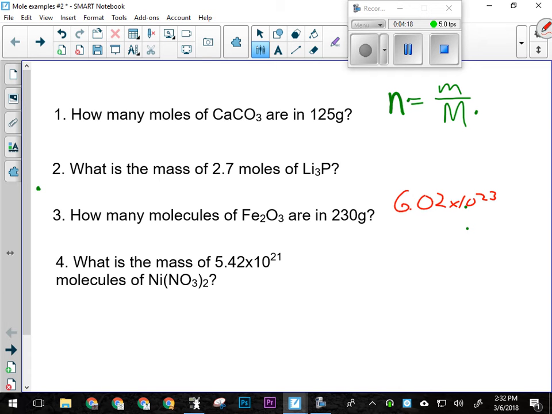It's actually on that formula sheet that you have somewhere, and it represents the number of particles in 1 mole. So think about that when you're trying to find the number of molecules. This is the number of molecules in 1 mole. If you want to find the number of molecules in more than 1 mole, there's a certain operation you have to do. Let me give you a few minutes on number 3 here.